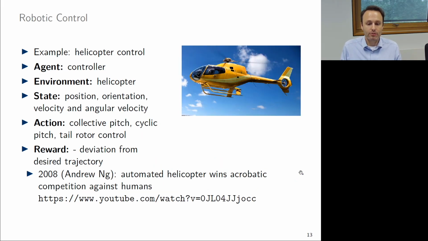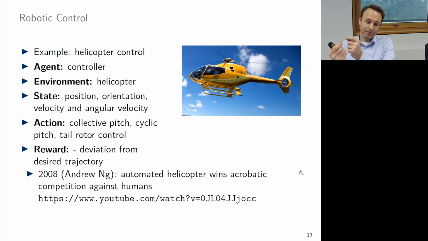Now also robotic control is one application of reinforcement learning. Here we have a helicopter control where the controller is the agent, the environment is the helicopter, the state is the position, orientation, velocity or angular velocity, and the action is to choose the collective pitch, cyclical pitch, the tail rotor control, and in competitions you have a trajectory that you need to follow.